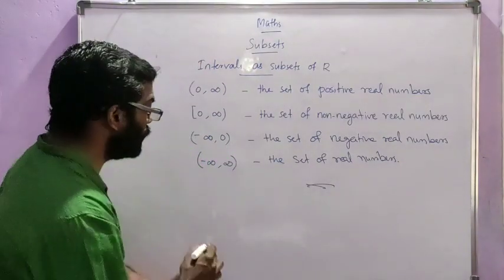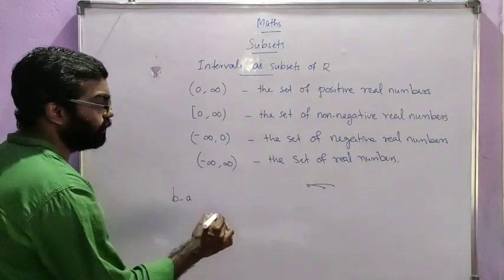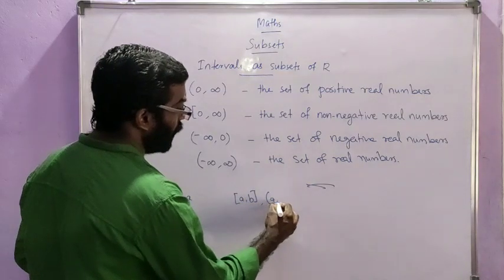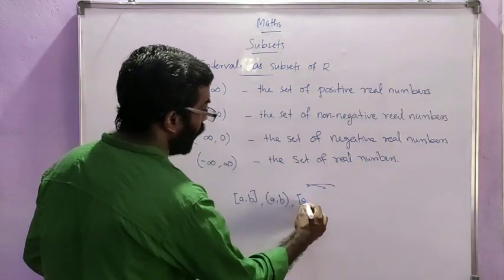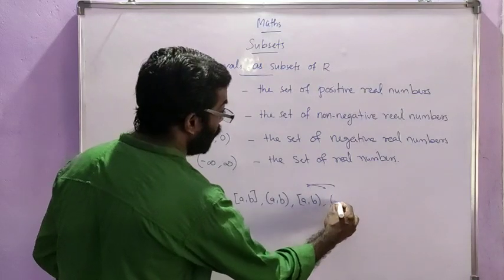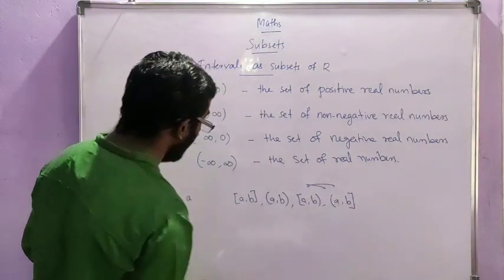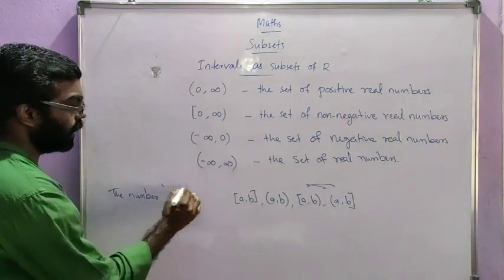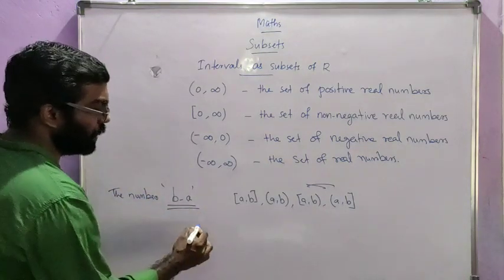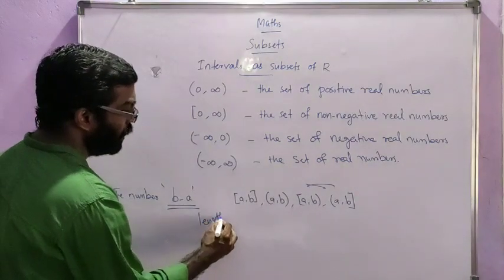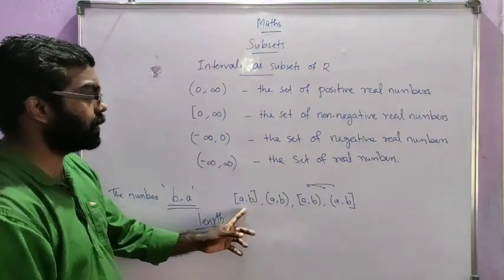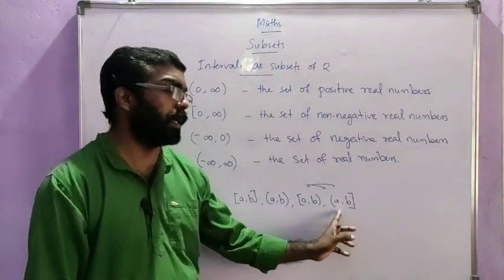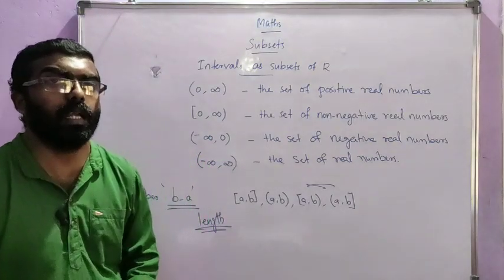The number b minus a is called the length of any of the intervals: closed interval AB, open interval AB, closed A B open, or open A B closed. Clear?